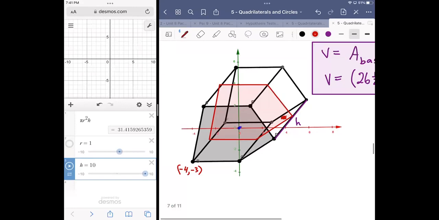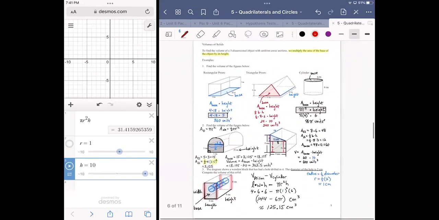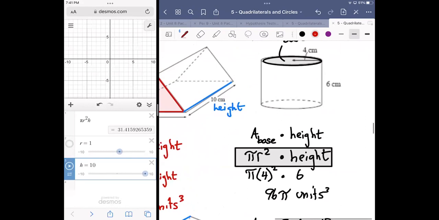Right. So in that problem, if I remember correctly, this was a radius of 4 centimeters. So if I leave it with a variable h, that gives me the flexibility to manipulate the height and determine what all the different possible volumes are.